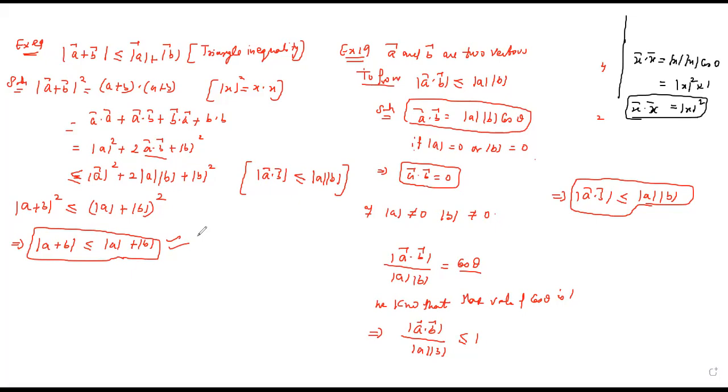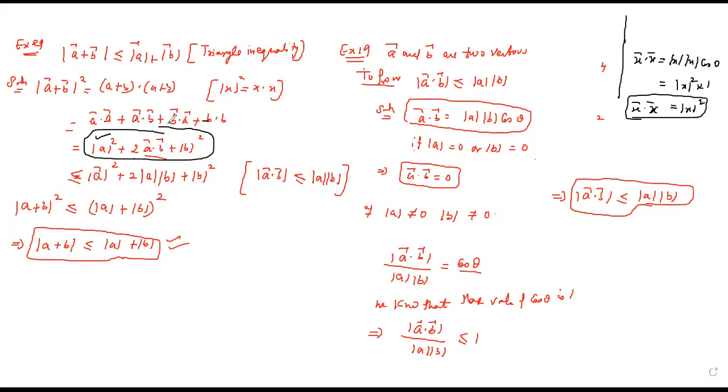Sir, yes, can you explain the third step? This one. So you see, A dot A is magnitude of A square.